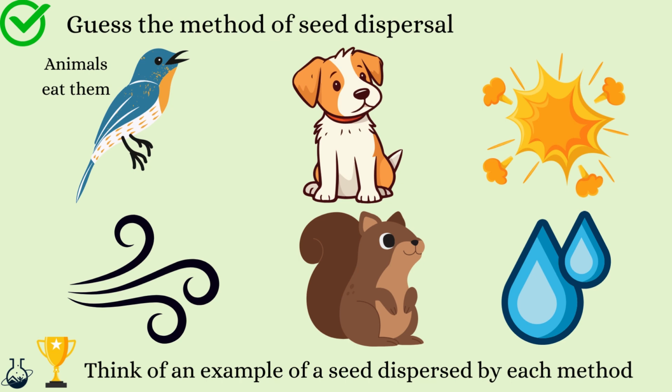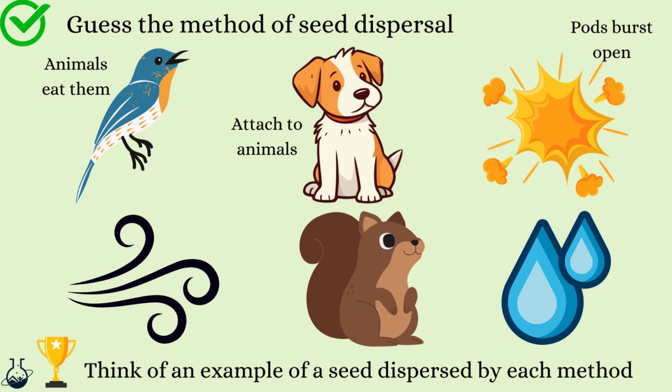Some animals eat fleshy fruits containing seeds, and the seeds are eventually passed out through the digestive system in their feces. By this point, the animal has already moved on and so has transported the seed somewhere far away from the adult plant. In other cases, seeds have surface textures that allow them to attach themselves onto the outside of other animals, which again move on and carry the seeds with them.